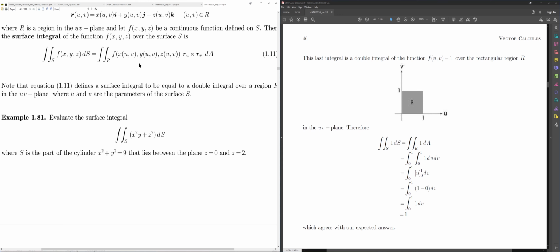And when I work out all of this here for this particular situation, this turned out to be equal to 1. So this surface integral of 1 turned out to be equal to a double integral of 1, and here I just work out the double integral over a rectangular region in a normal way.